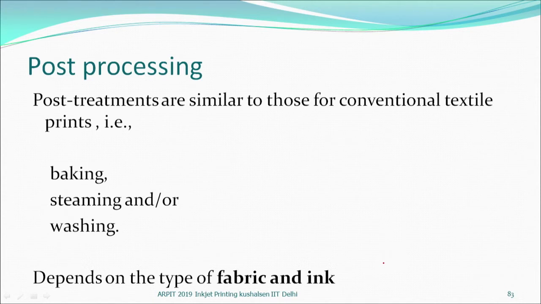The machine may have post processing equipment, which would mean baking, steaming, washing. So, whether it requires baking, steaming, washing would depend on what fabric and what ink we are using.